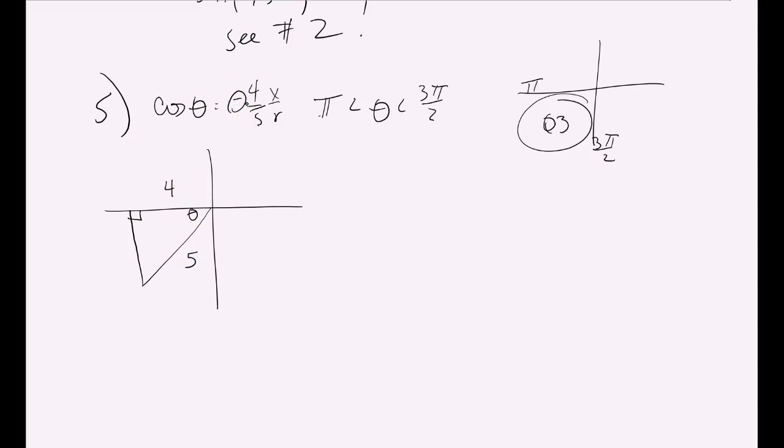Now where does that negative go? Well, it goes up here because my x is always negative in quadrant 3. And just so we're clear, when I find my y in just a minute, I'm going to put a negative on that also because we're in quadrant 3. Now the radius cannot be negative, so that's why there's just a 5 there. Alright, now this is a 3, 4, 5 triangle, so either you know that or you do Pythagorean theorem.